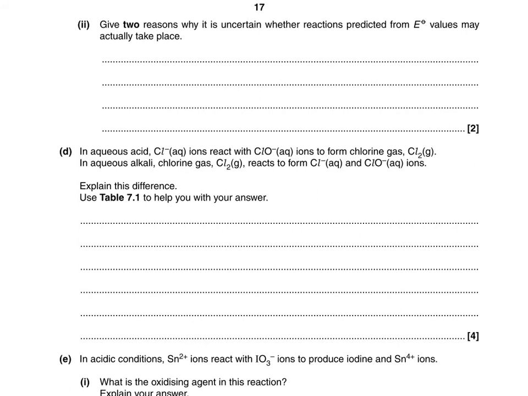So why might the reaction not actually happen, even if the electrode potential says that it's possible? We've got 2 reasons. We could talk about high activation energy or slow rate, for 1 mark.